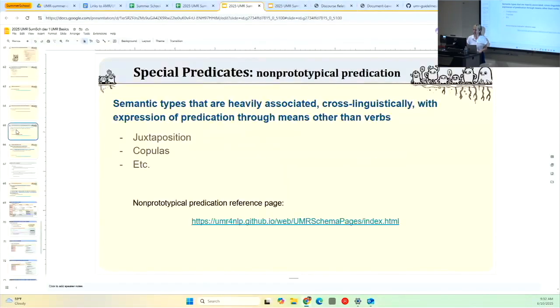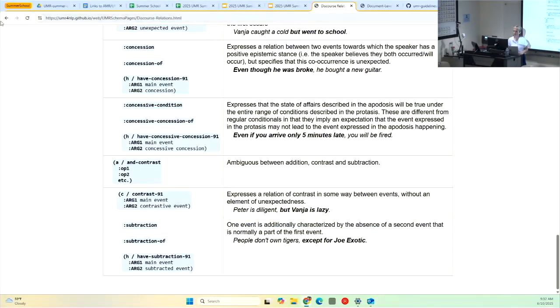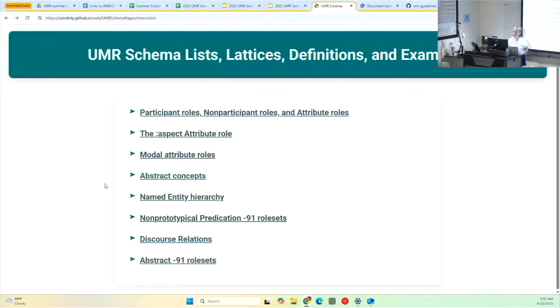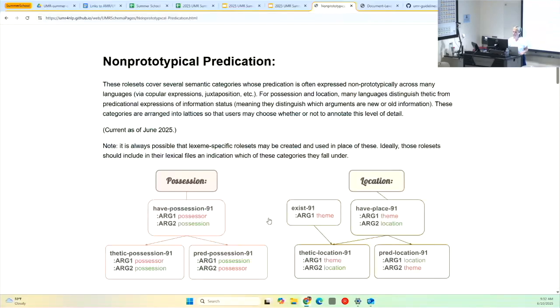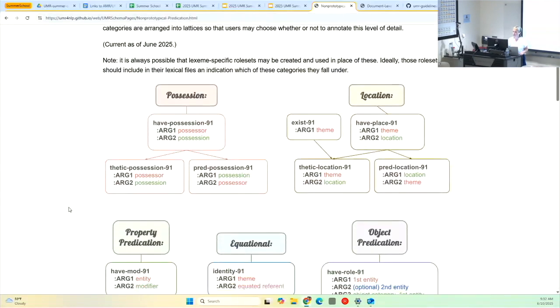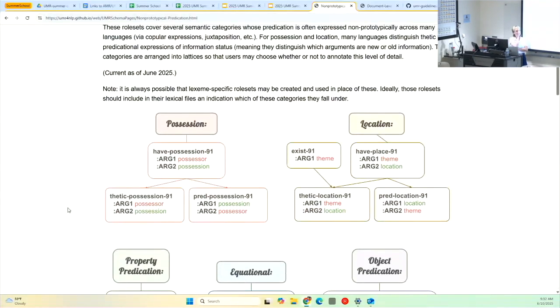Okay, so the next thing that we should talk about is the non-prototypical predication. So this is what I mentioned before. Not all languages express clauses using verbs. Some languages use juxtaposition, two nouns placed next to each other, and it creates clausal meaning.